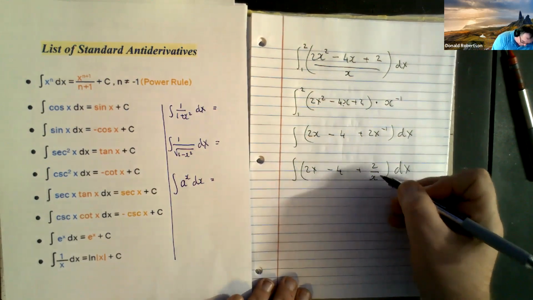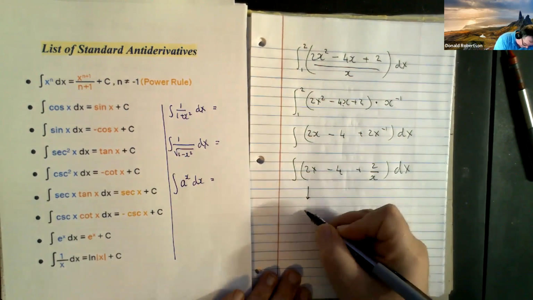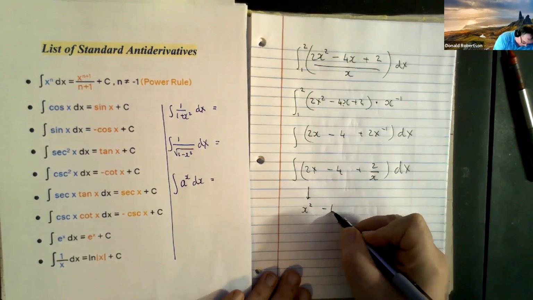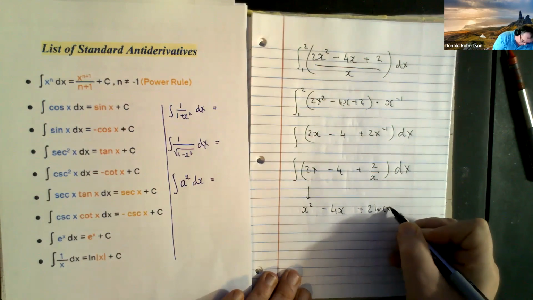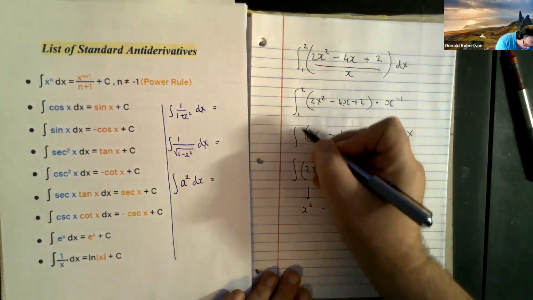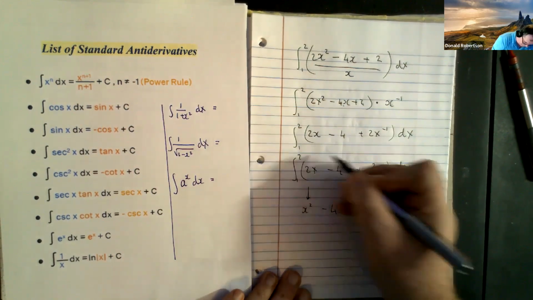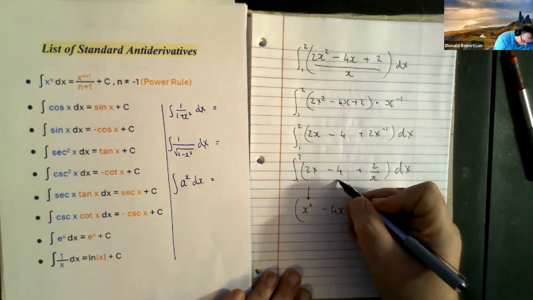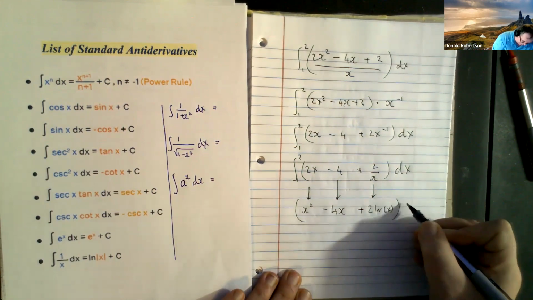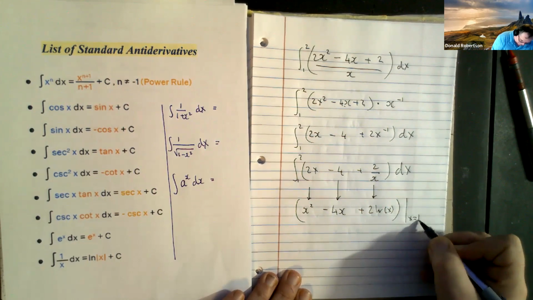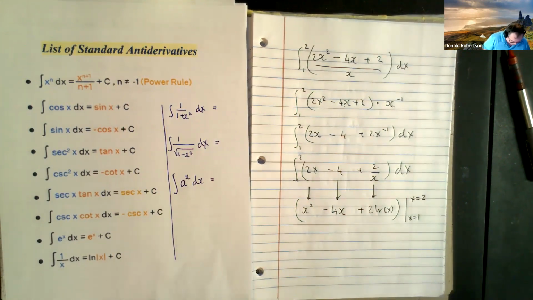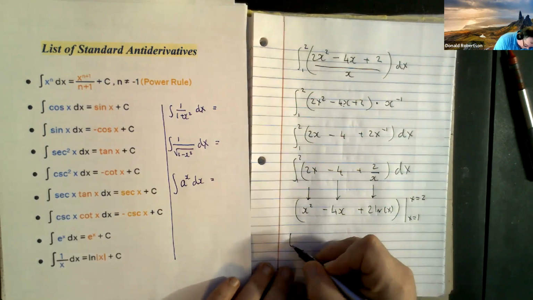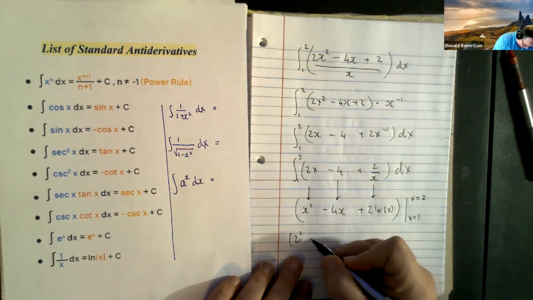So, writing that works. Power rule, natural log of x. So here is the antiderivative evaluated at 1 and 2. 2 squared.